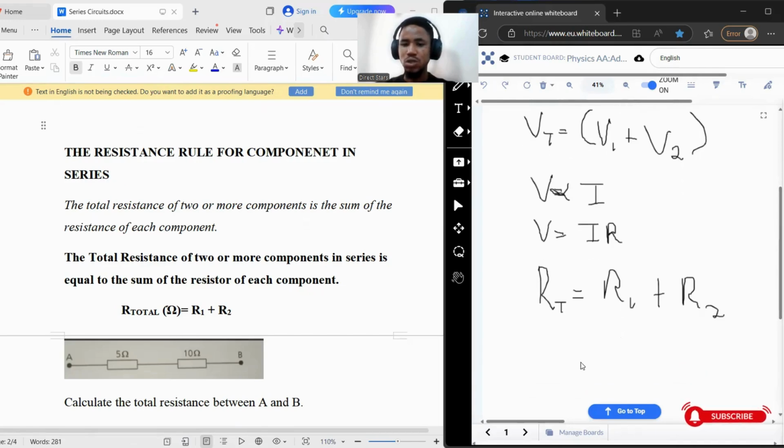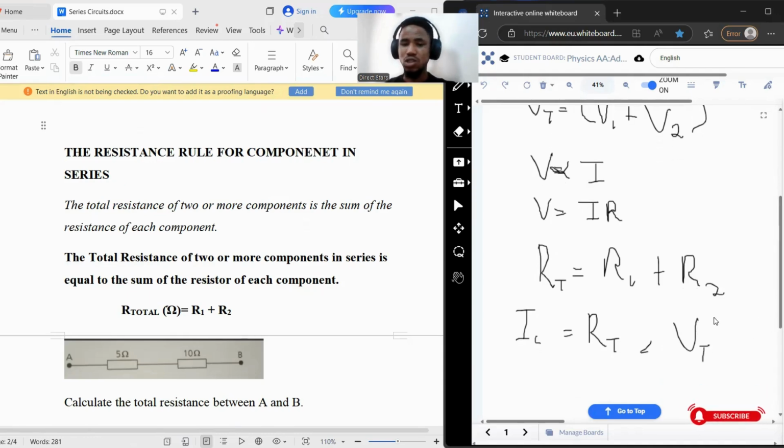So I want you to take note now that I is constant. That's why I will use C to name it as constant. But we need to find the value of R, which is the total resistance, and we also need to find the value of V, which is the total voltage. But only I is constant in the series circuit.